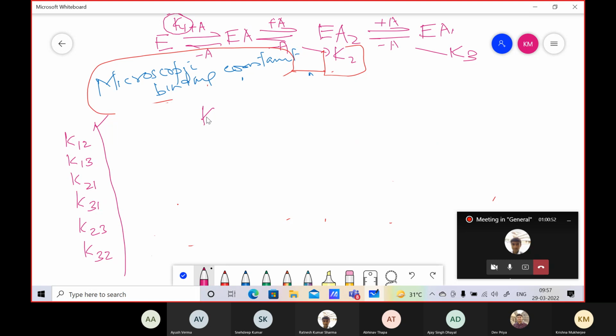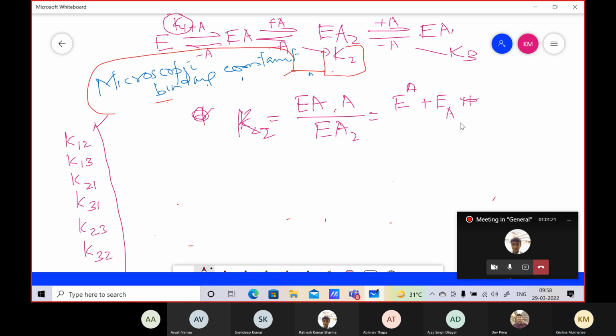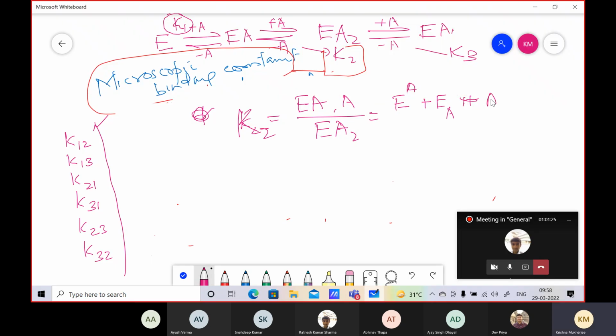Sorry, small K2 is equal to, sorry, this is capital K2, EA into A upon EA2, which was equal to EA plus EA plus, plus EA into A upon, same thing, EA2 here.